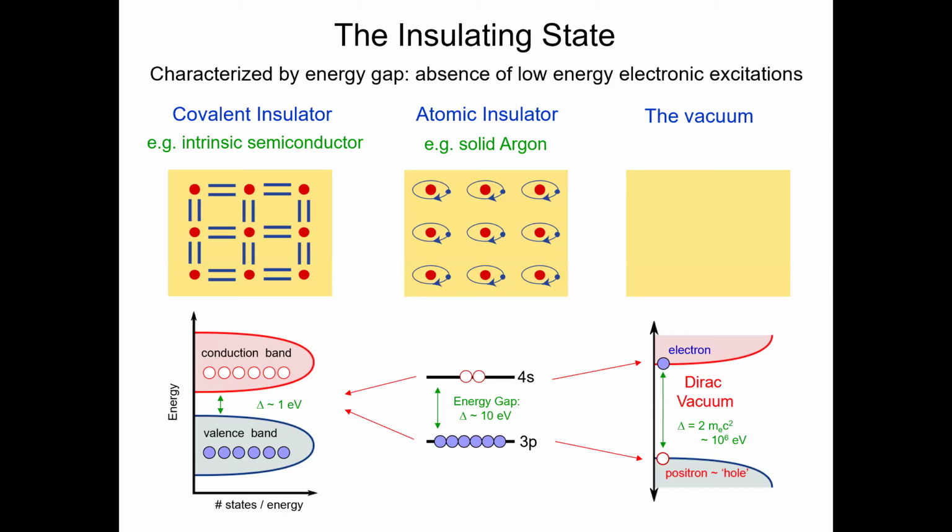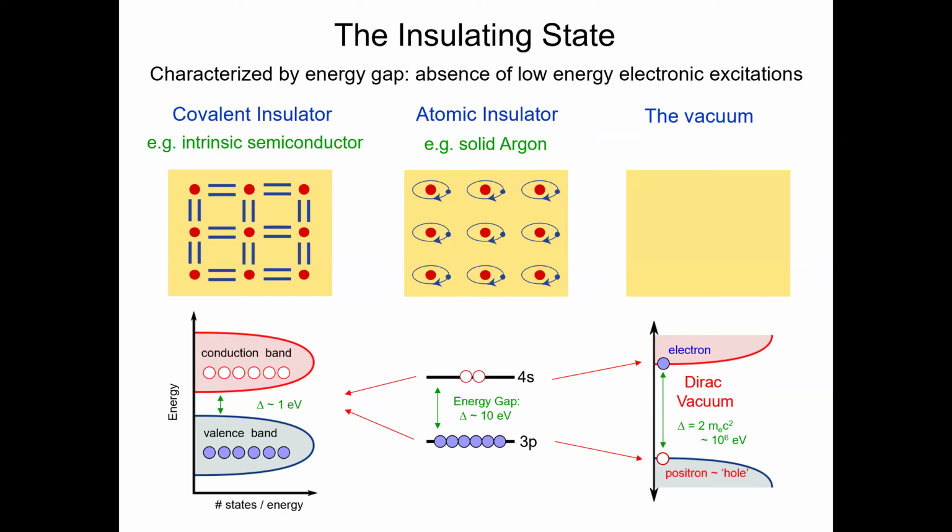What I was saying, and I again apologize for this delay, is that the vacuum is like an insulator too. If you think in terms of relativistic quantum mechanics, Dirac's quantum mechanics, then electrons have an antiparticle, which is the positron, which is just like a hole in the valence band.